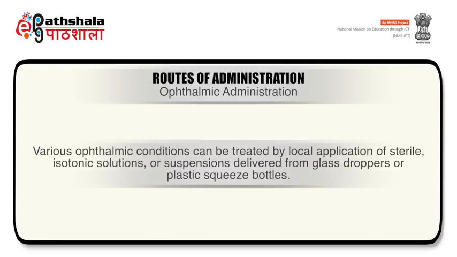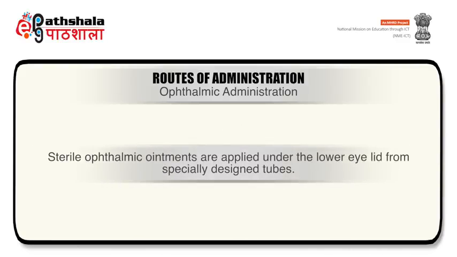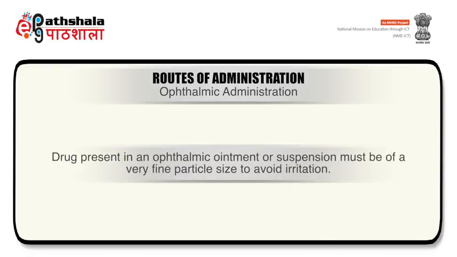Various ophthalmic conditions can be treated by local application of sterile, isotonic solutions or suspensions delivered from glass droppers or plastic squeeze bottles. Sterile ophthalmic ointments are applied under the lower eyelid from specially designed tubes. Drug present in an ophthalmic ointment or suspension must be of a very fine particle size to avoid irritation.